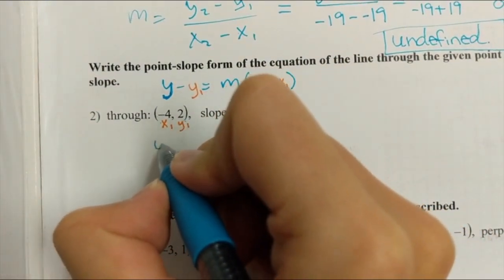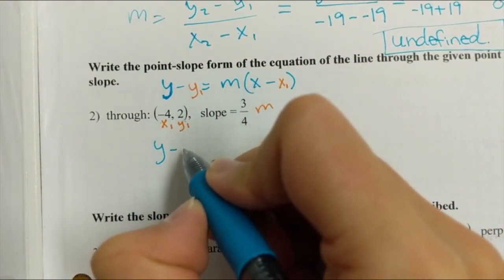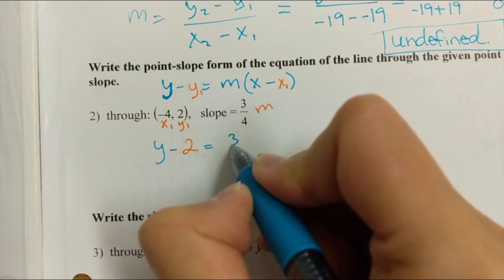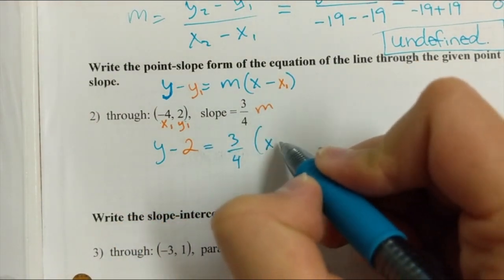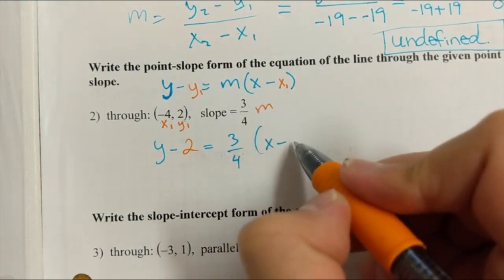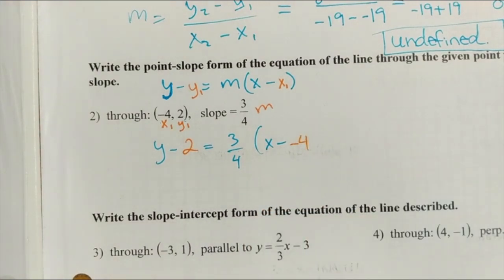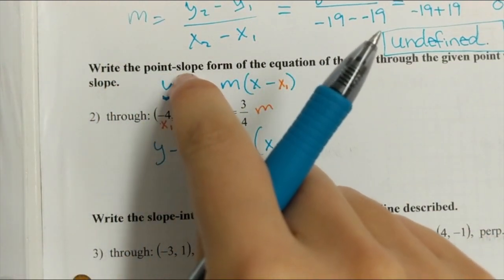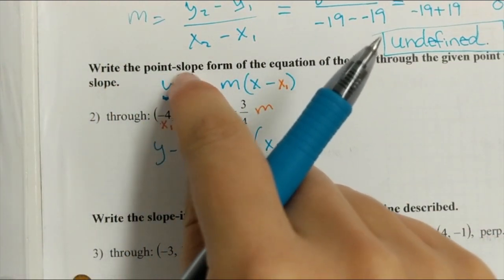Plug it in. Y minus y1, so y minus 2 equals m times x minus negative 4. Do not distribute. You'll want to, but the purpose is leaving it in point slope form.